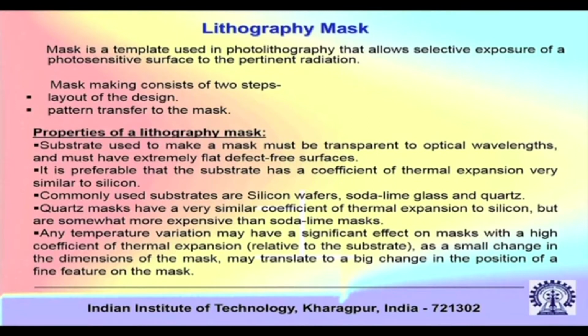Now we have a broad idea of what the process is. Now we will get into a little bit more descriptive details of the mask. A mask is a template that allows selective exposure of a photosensitive surface to the pertinent radiation.